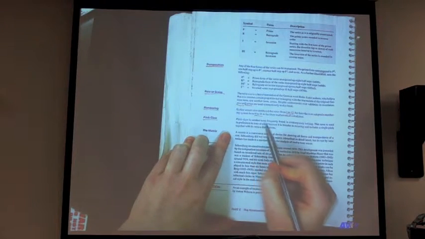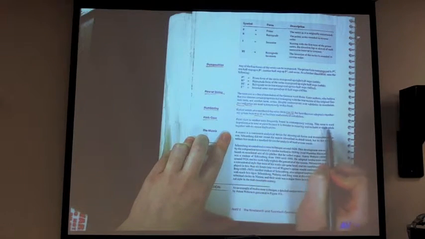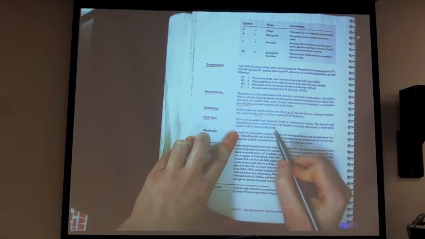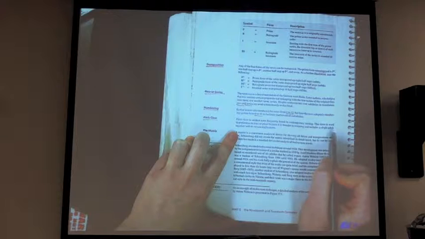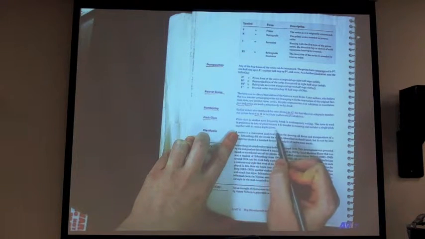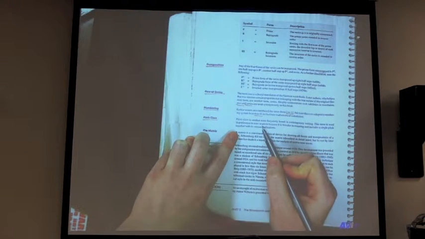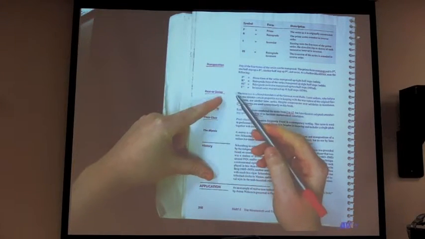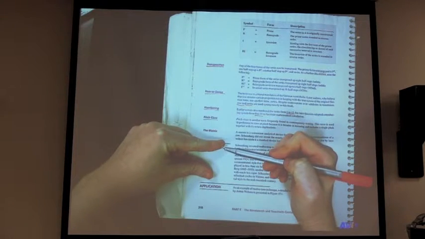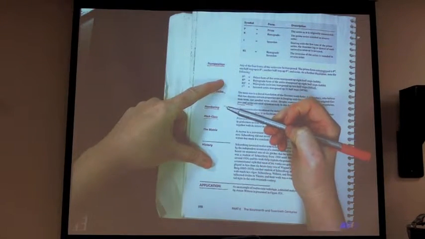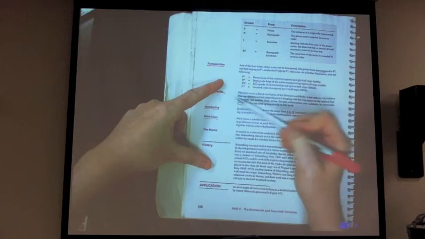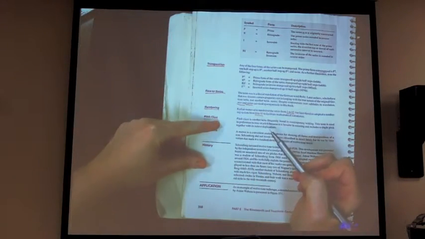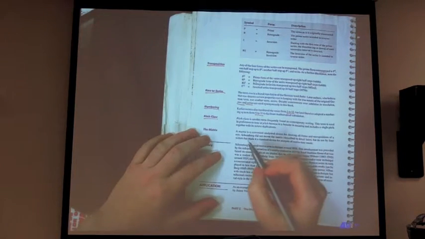Pitch class is another term frequently found. This term is used in preference to tone or pitch because it is broader in meaning and includes a single pitch together with its octave duplications. So a pitch class means that it refers to F at any octave. Your lowest F in the bass clef and your highest F in treble clef are all the same pitch class, rather than referring to a specific F above middle C or something like that.